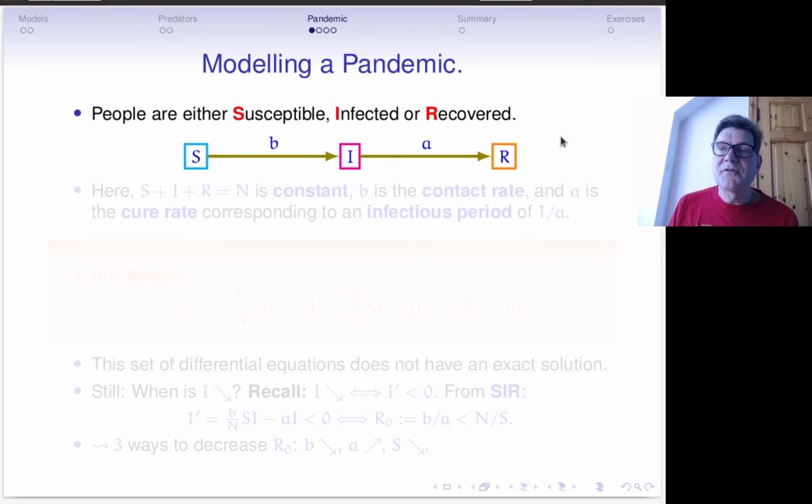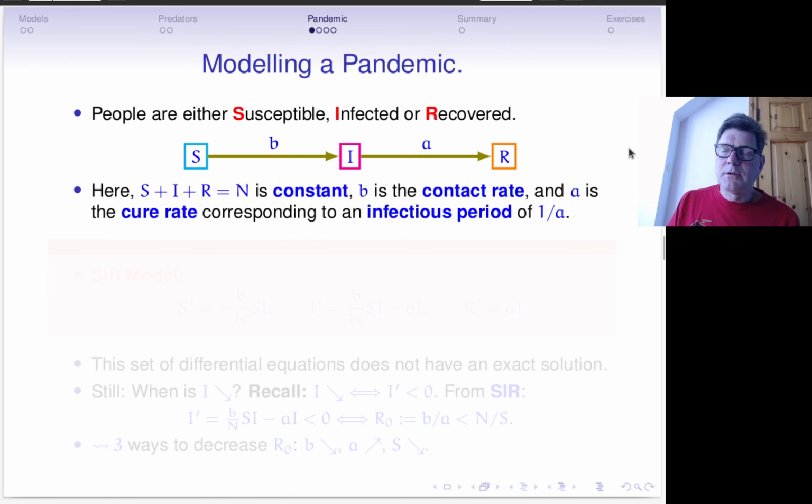And one aspect of the simplicity of the model is that there are only two possible transitions. Susceptible people become infected at a rate that is governed by a constant B, and infected people recover after a while, or at a rate that is described by a constant A. Part of the model is also the assumption that the population size doesn't change over time.